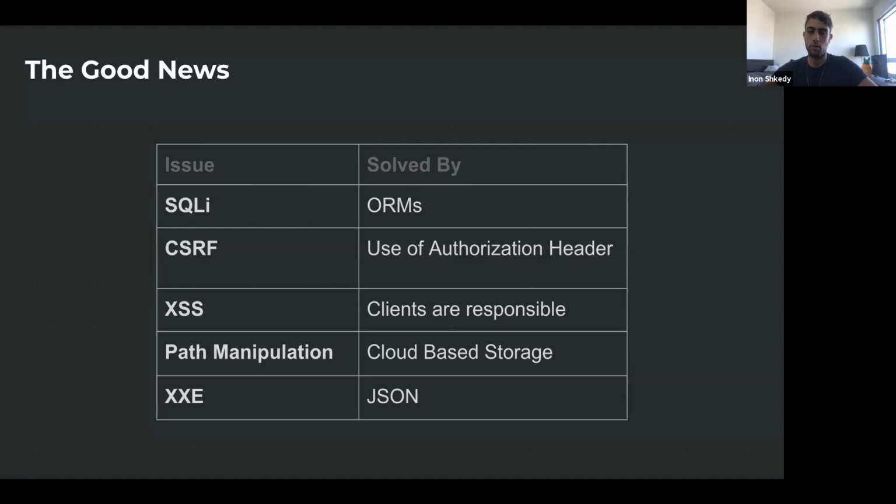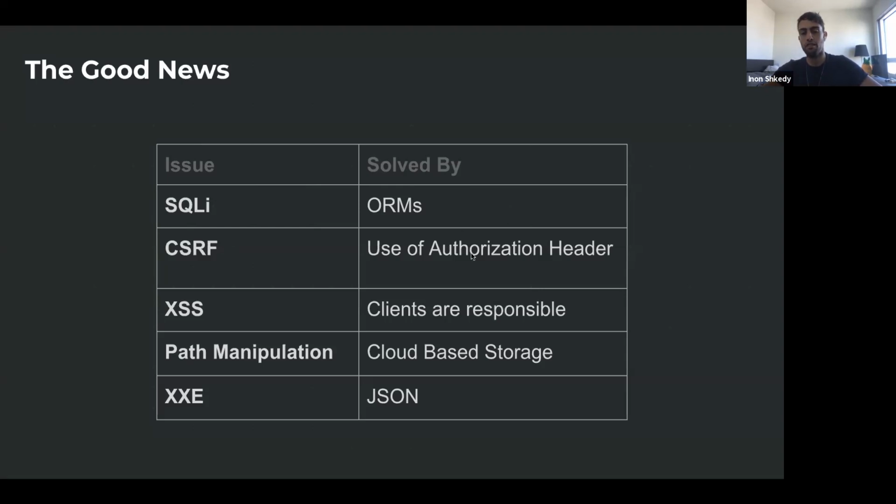It's nothing about the backend, because if you think about one single API endpoint, it might expose data that is consumed by many different types of clients, by mobile, by web, and by B2B clients. So it's the responsibility of the client to protect against XSS.